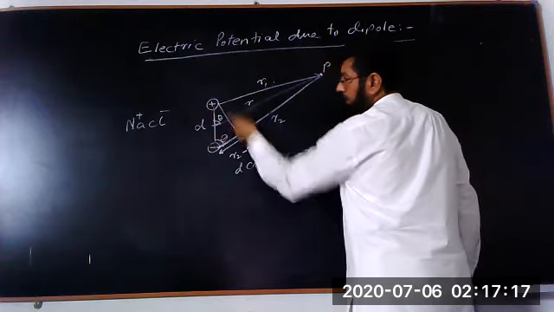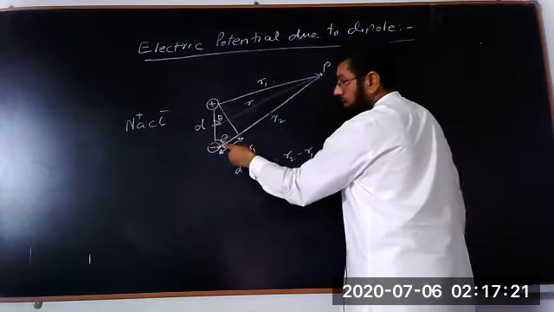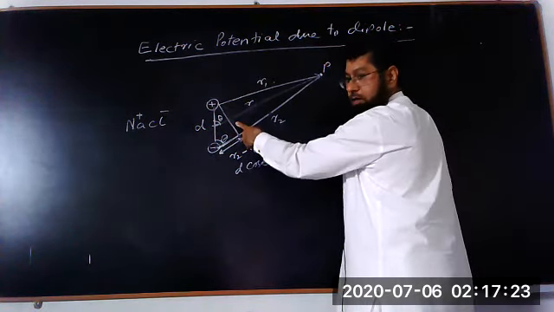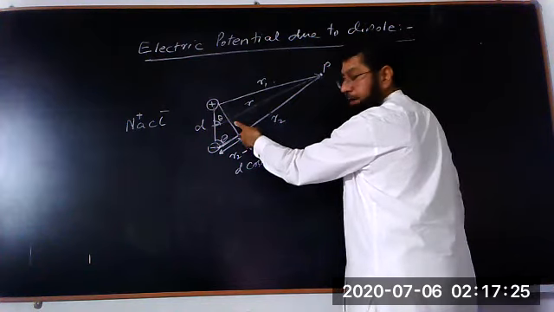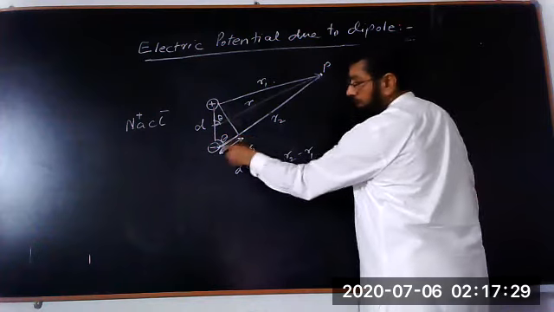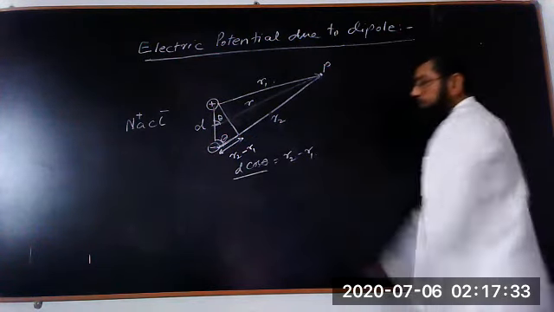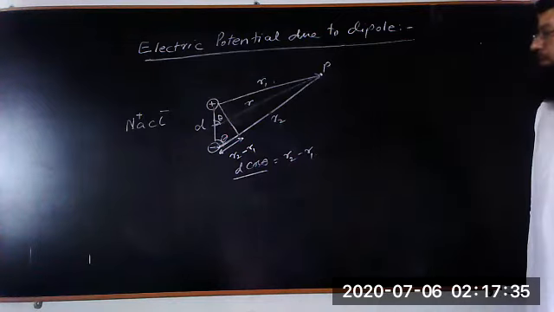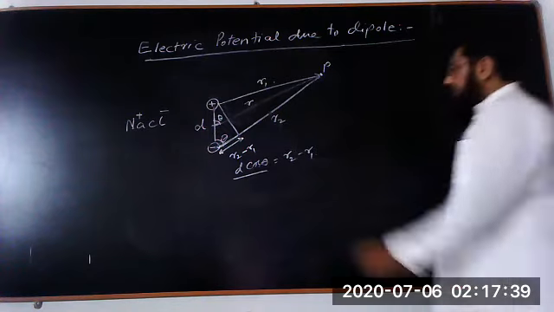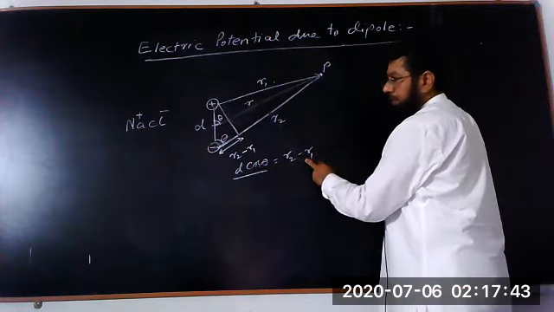This component is d sin theta. The component perpendicular to the angle is the sine component, and the component parallel to the angle is the cos component. So d cos theta is equal to R2 minus R1.